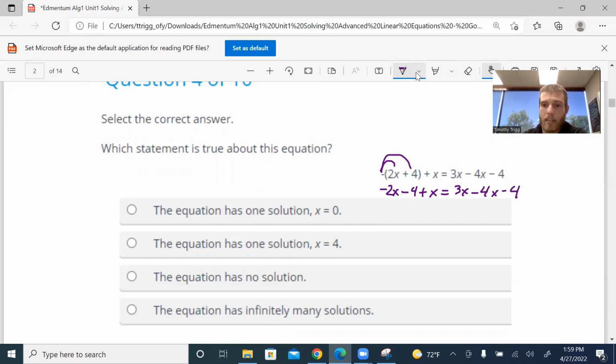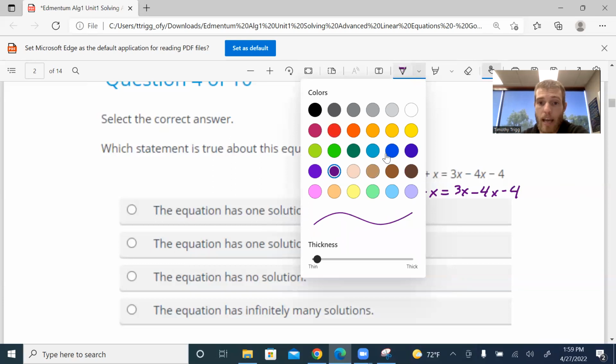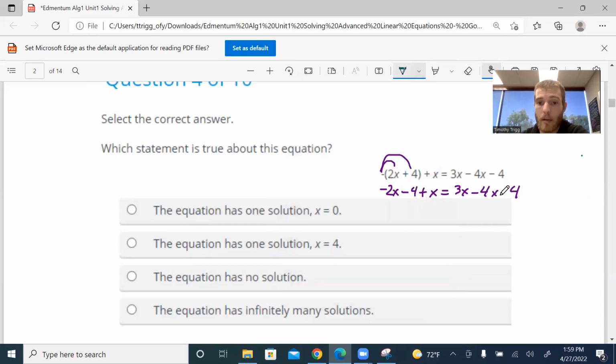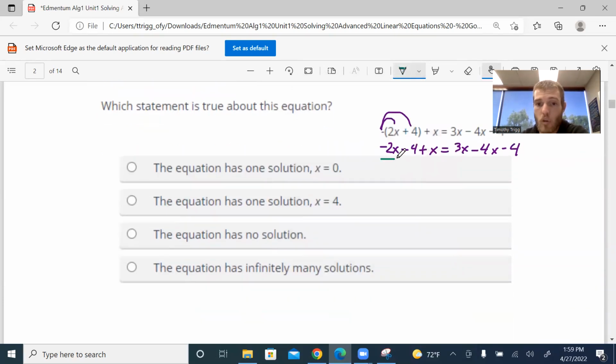Now, what would be my next step? After distributing, you generally want to look for any like terms that I can combine together. In this case, yes, there are. We can combine the negative 2x and the x on the left side.